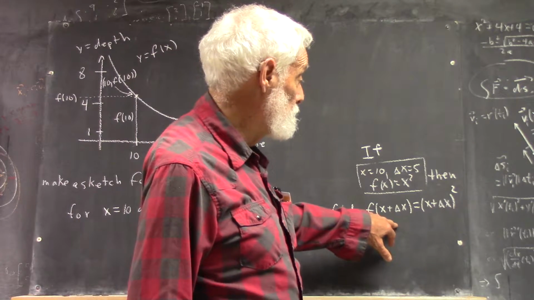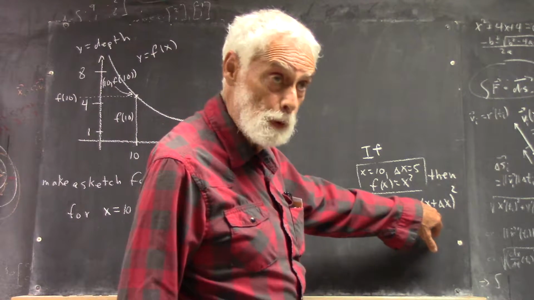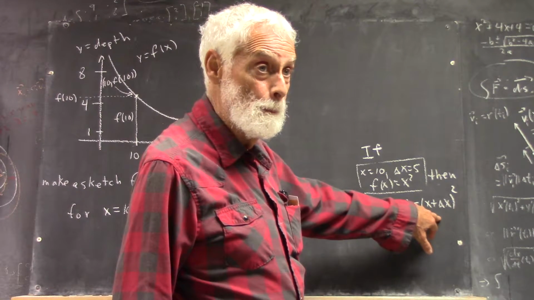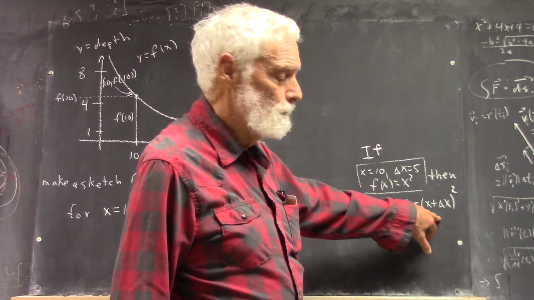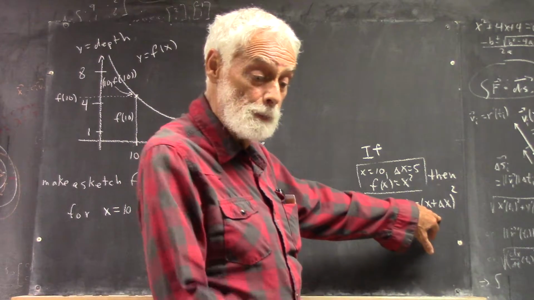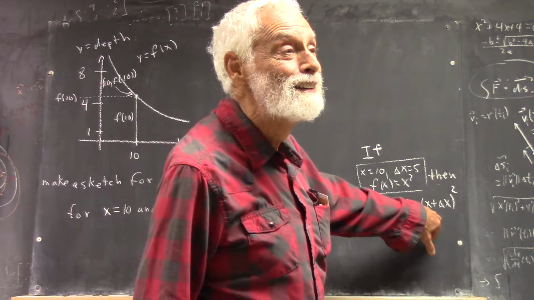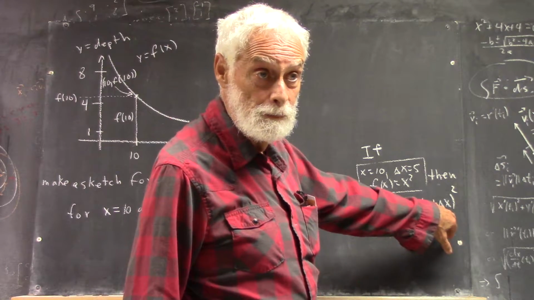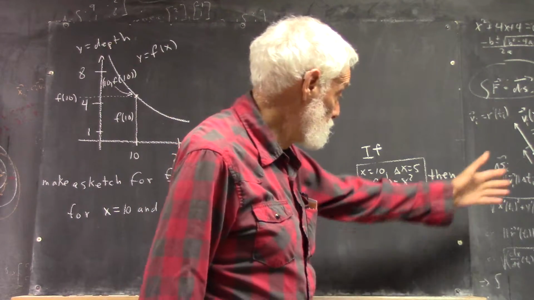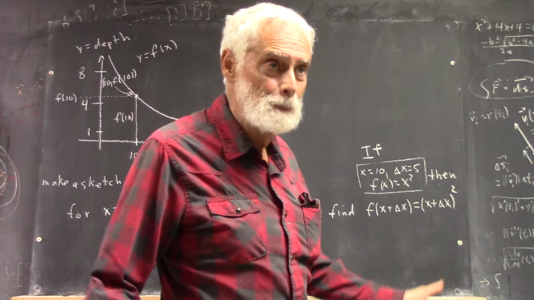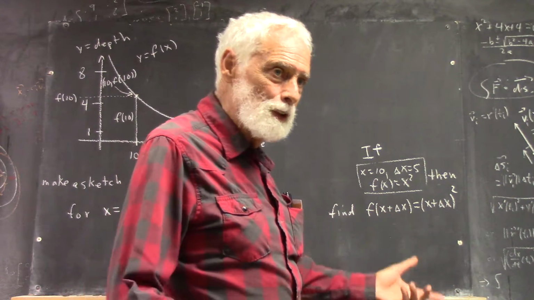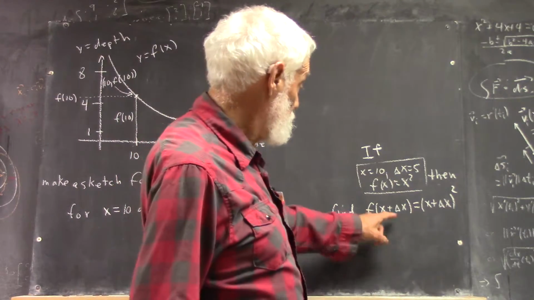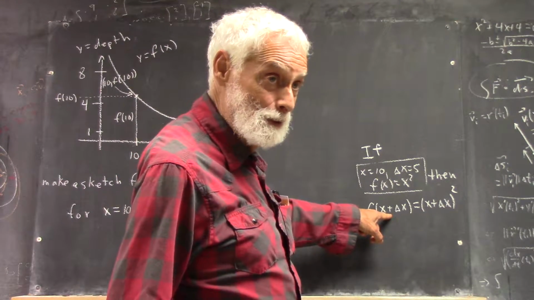You say f of x plus delta x is x plus delta x squared, right? Then what would you do? 10 plus 5. A little louder? 10 plus 5. Okay, I would substitute the values of x and delta x. Or maybe I just write out what the square of that expression is, then substitute them, but it's much easier to substitute them and just start dealing with numbers, right? Matter of fact, we could have done that right here. Okay?